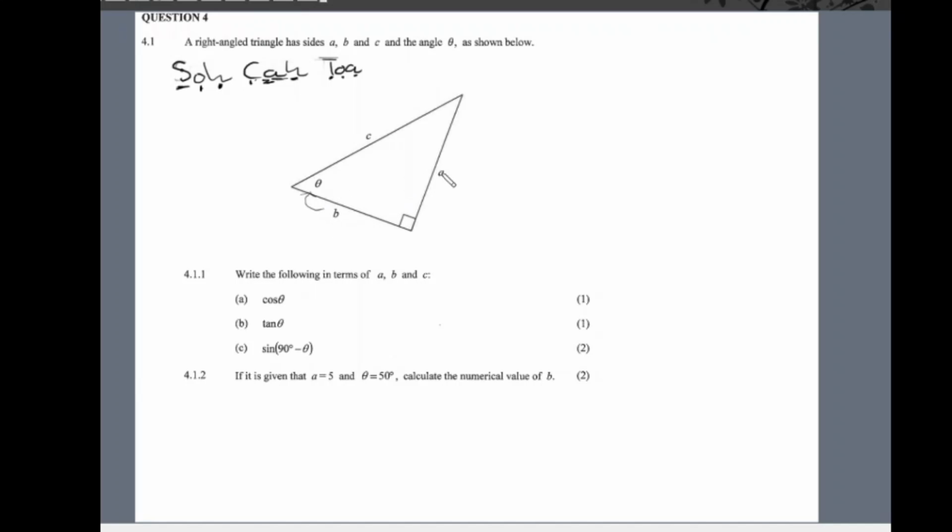And then the opposite side is that one A, right? So cos is adjacent over hypotenuse, so cos theta will be B over C. And then tan theta, tan is opposite over adjacent, right? So sizoba no A over B.